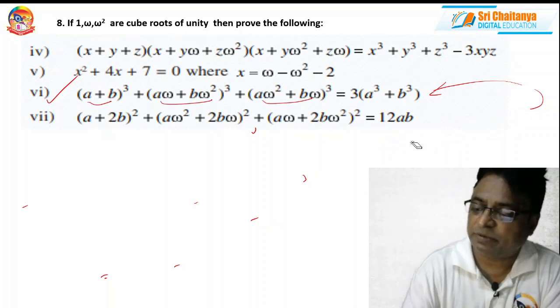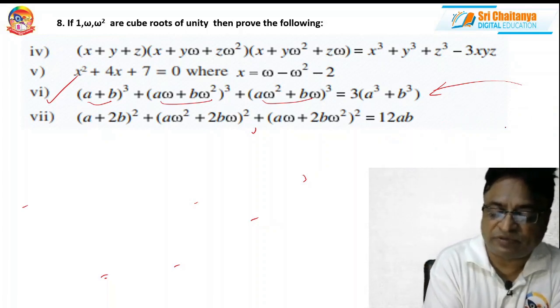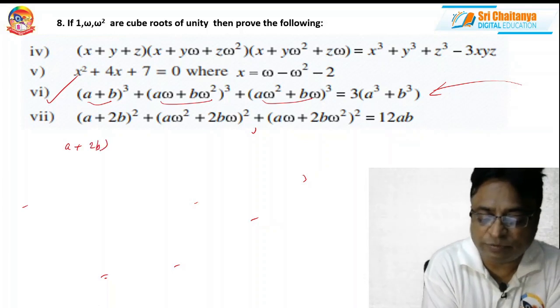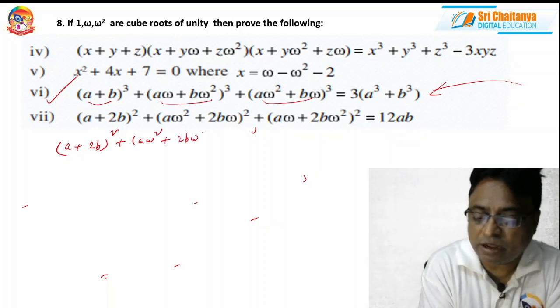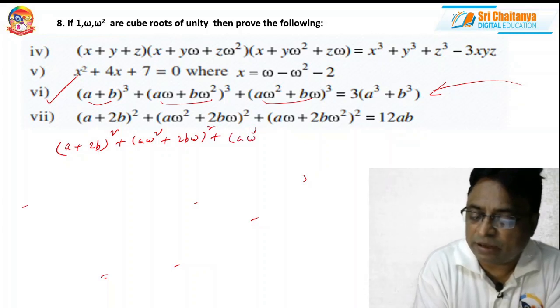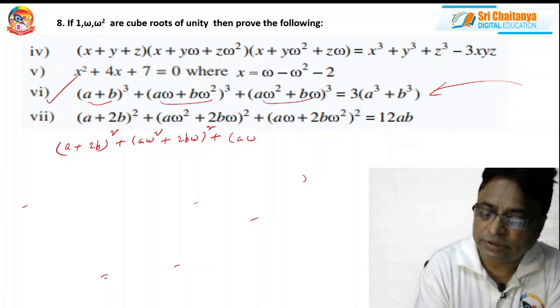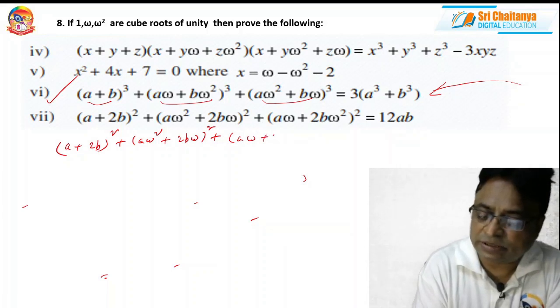In the seventh problem, actually this is a plus 2b whole square plus a omega square plus 2b omega whole square plus a omega plus 2b omega square whole square.